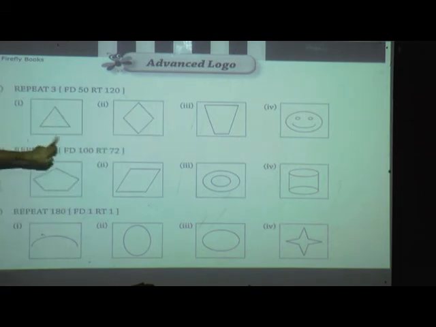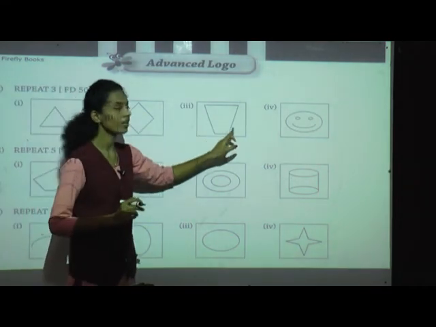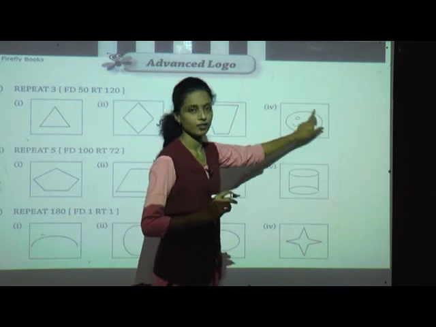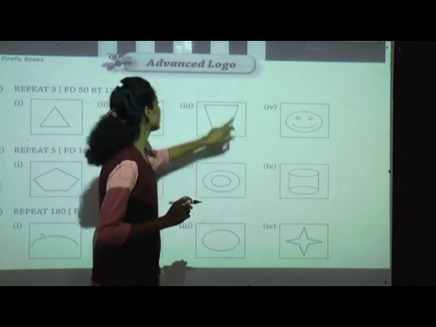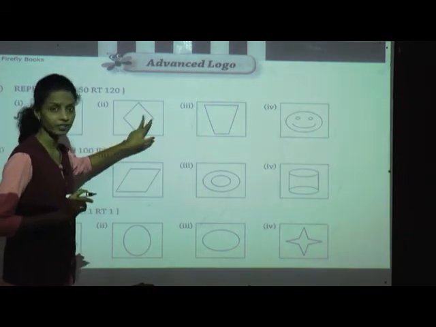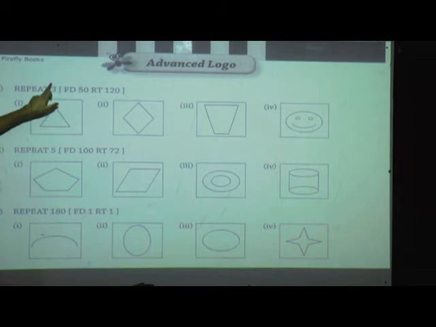This has 3 sides. This has 1, 2, 3, 4 sides, and this is only a circle, which must repeat 360, right? This has 4 sides, so this will not come as output, right? Here 3 is written. Then which output will it be? This first one.